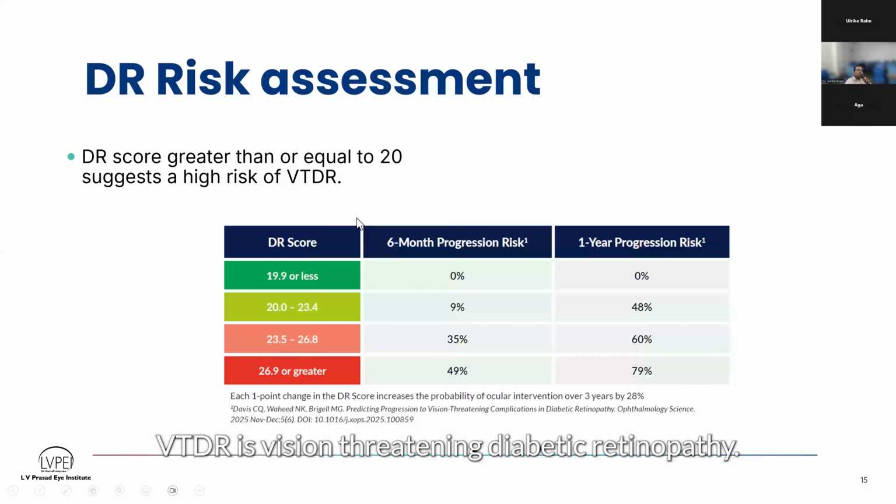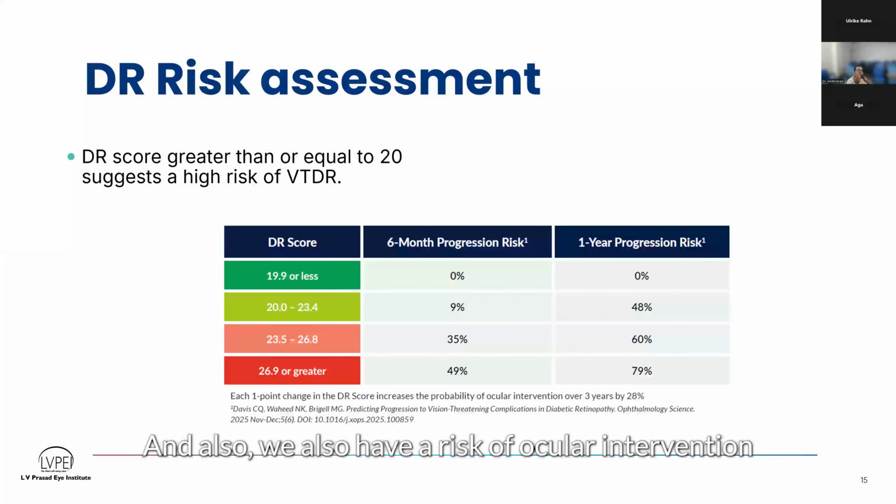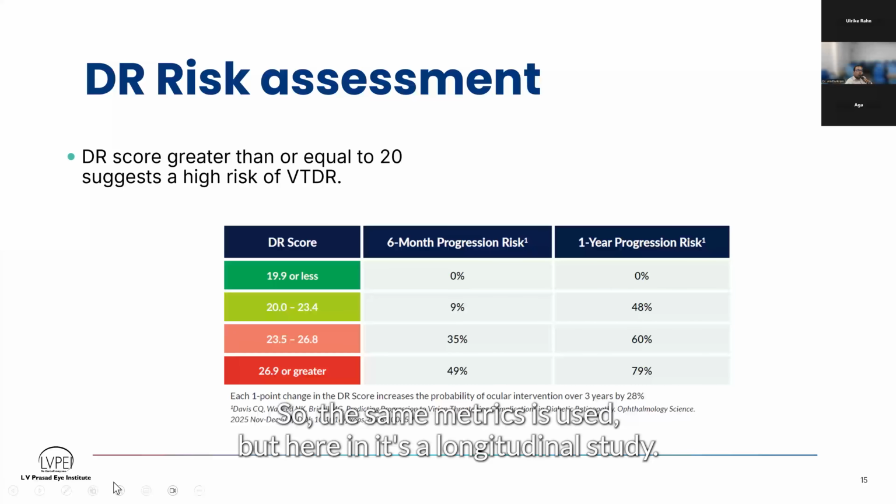VTDR is vision threatening diabetic retinopathy. So based on this grading scale, there is potential to tell the risk of progression. And we also have the risk of ocular intervention, which is shown using the DR risk score. So that is what I will explain now.